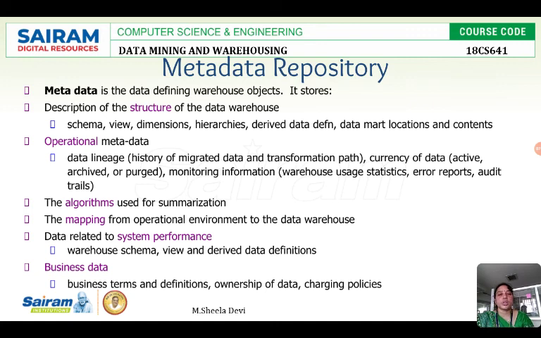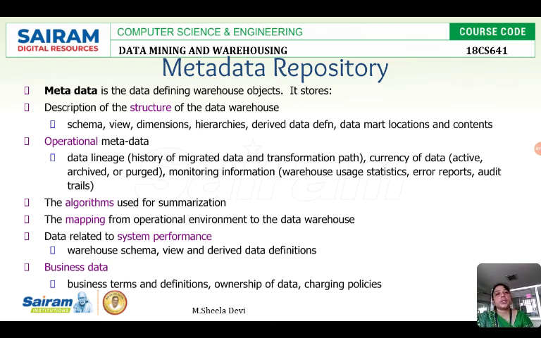That is the data warehouse schema, views, and derived data definitions. Then business data: business terms and definitions, ownership of data, and charging policies. All this business data information is also given by the metadata repository.